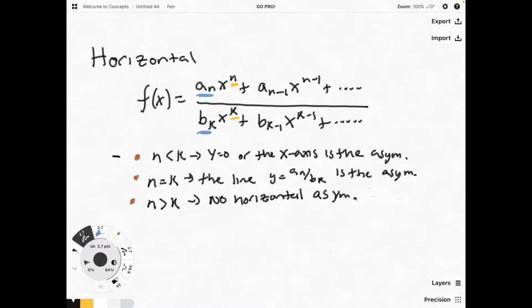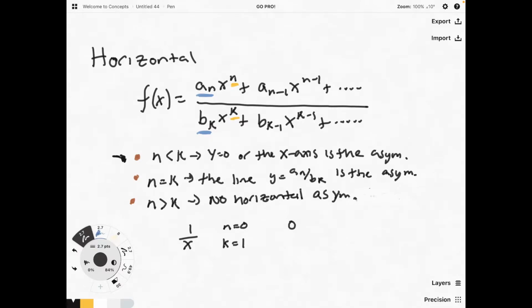Looking at this first rule, we can use our example that we had earlier, which is 1 over x. In this case, n is equal to 0 and k is equal to 1.